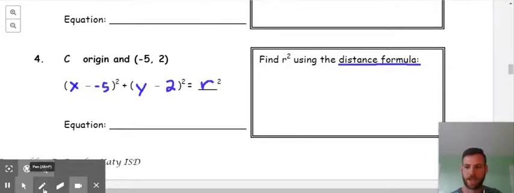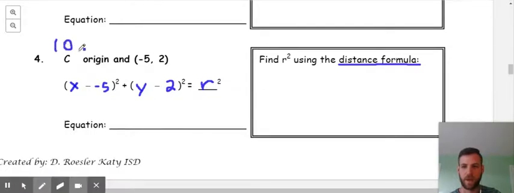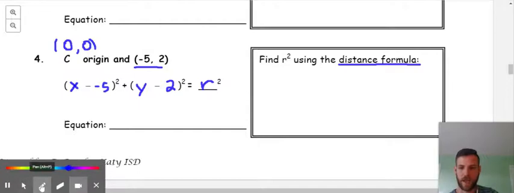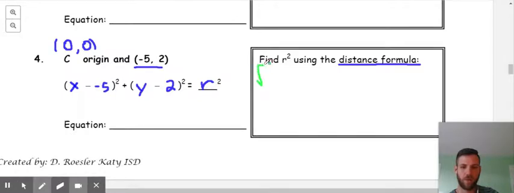Now that you've written that down, let's try using the distance formula to see how far away really the point 0, 0 is from the point -5, 2. So we're going to basically do that on this right side in the blank space we have. So we're going to have this square root of our second point, -5, the x part, minus the first x part, which is just 0.